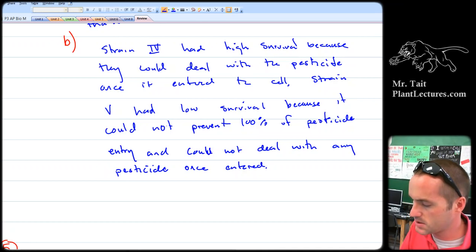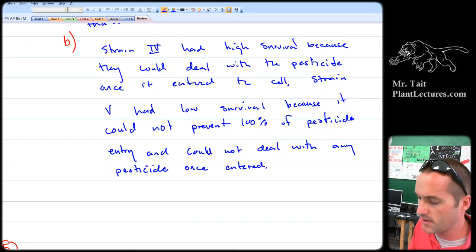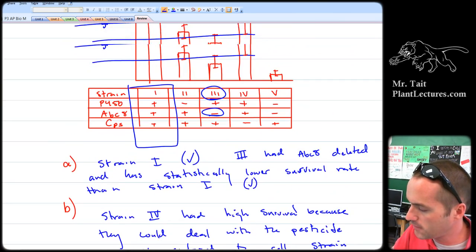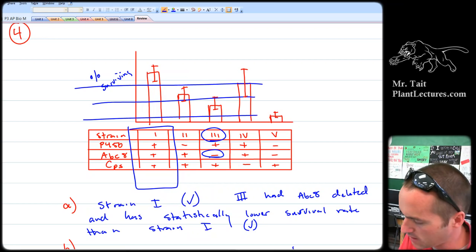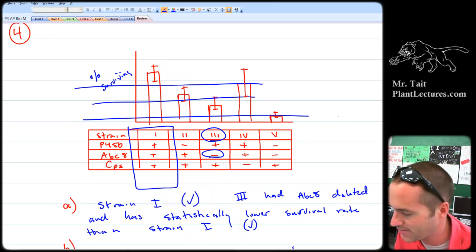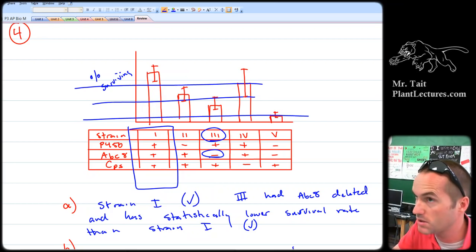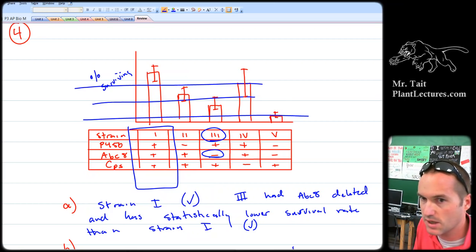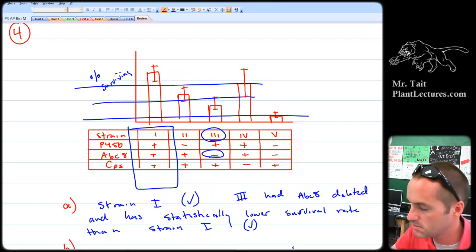So that was talking about the low survival and high survival. You probably could have actually mentioned the survival rates, but it didn't ask you to mention survival rates. They shouldn't require you to do that to get a point, because it didn't say specifically to cite survival rates, right?